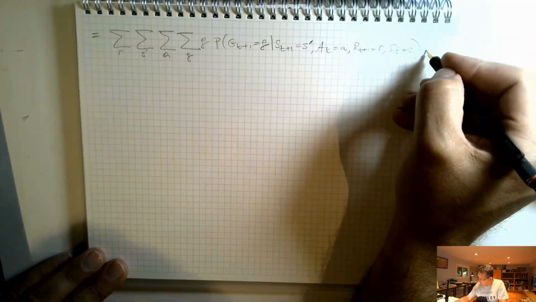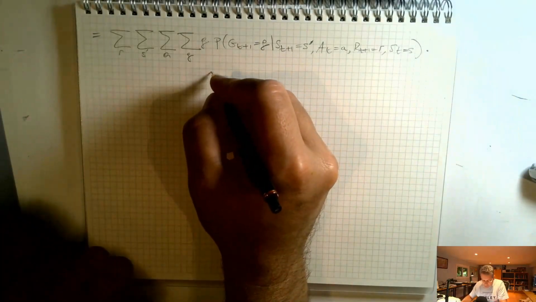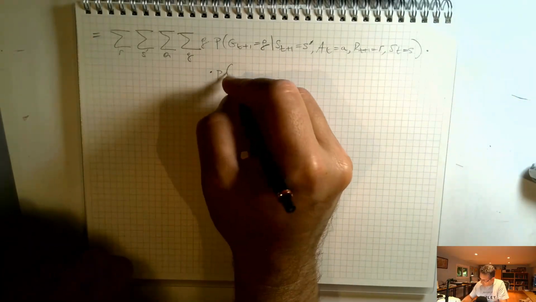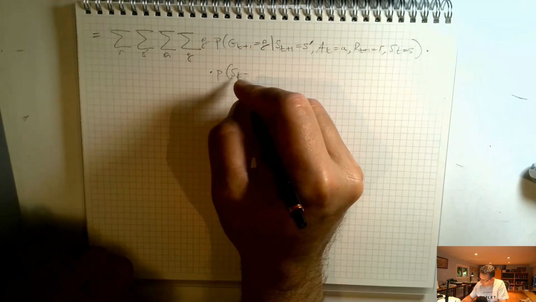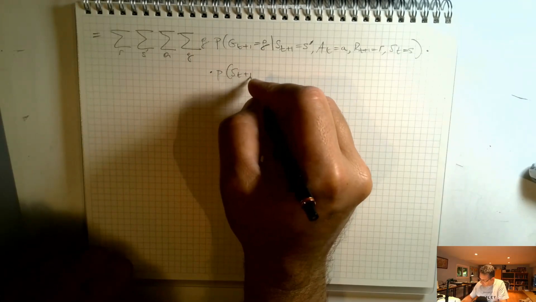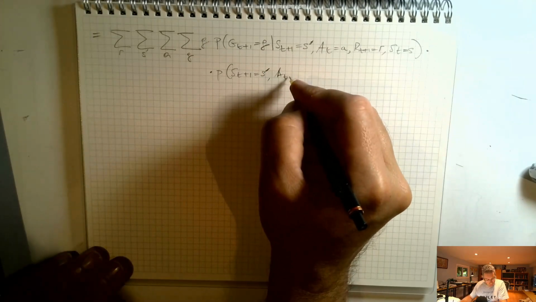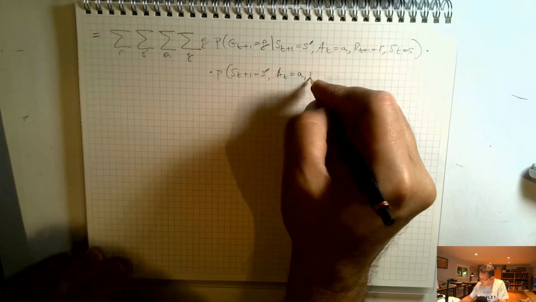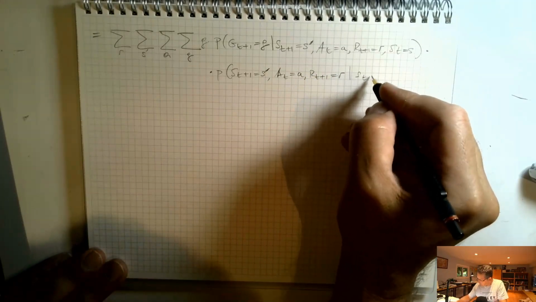Since we have taken this on the other side, then obviously we need to apply the product rule, and the product rule gives us the second term, S_{t+1} is equal to s prime, comma, A_t is equal to a, R_{t+1} is equal to r, given S_t is equal to s.